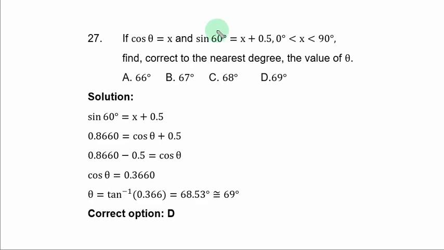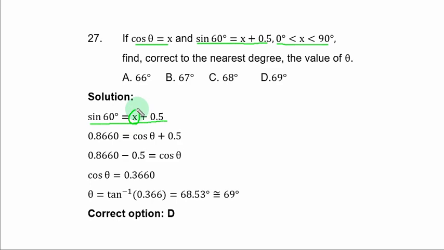Question 27. If cos theta is S and sine 60 degrees is S plus 0.5 over this range, find to the nearest degree the value of theta. You have this expression. Inside this expression, S is equal to cos theta.